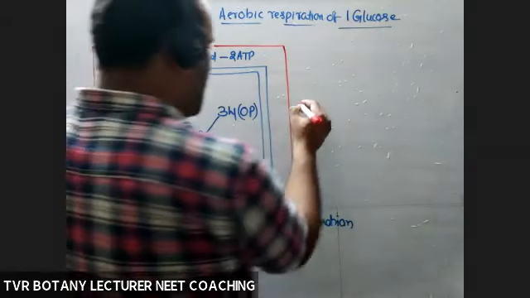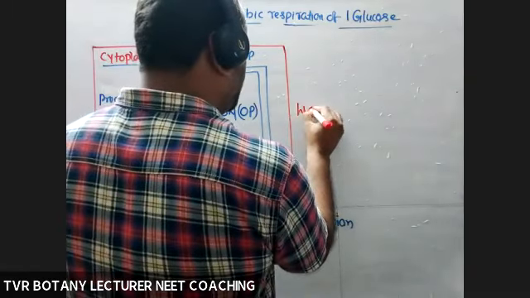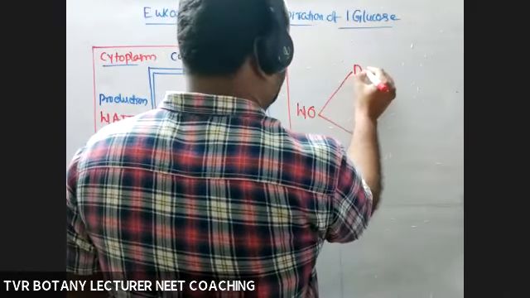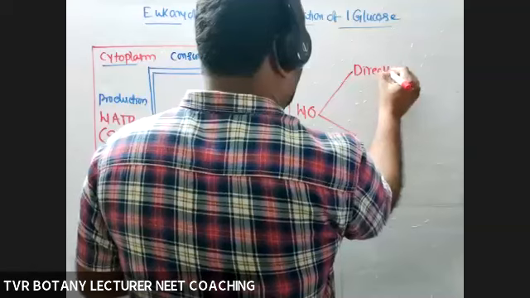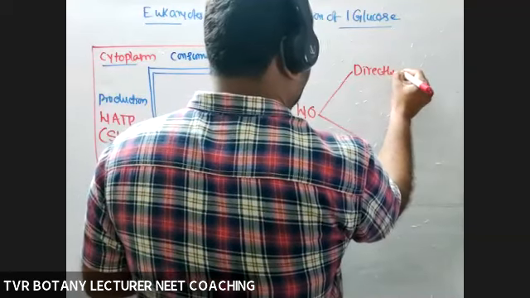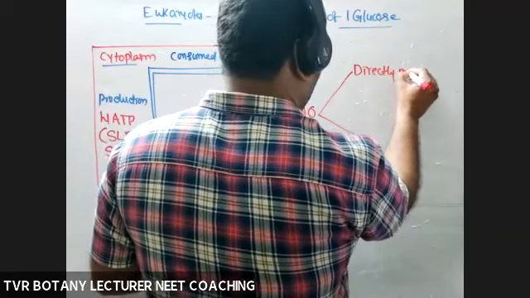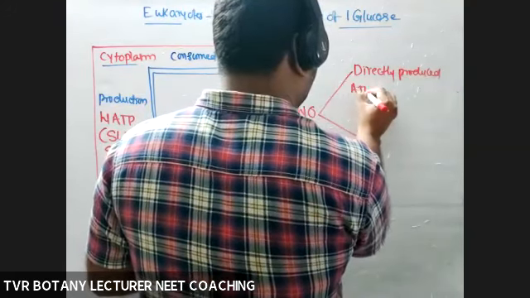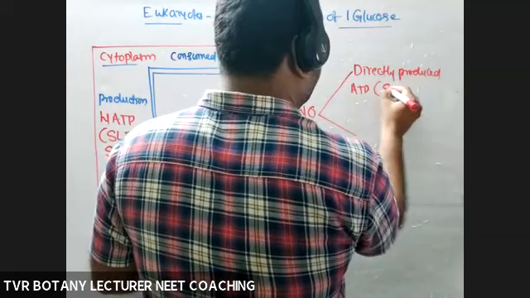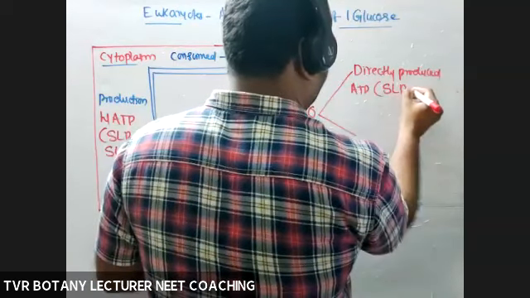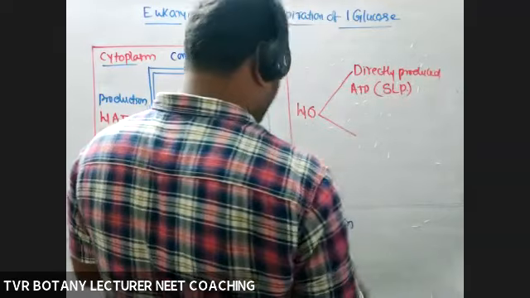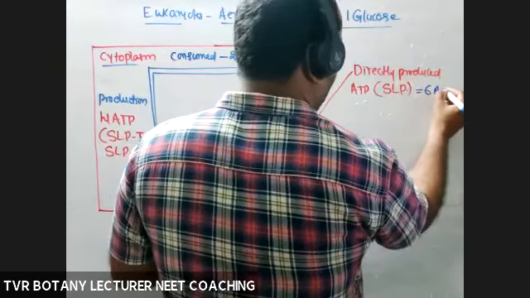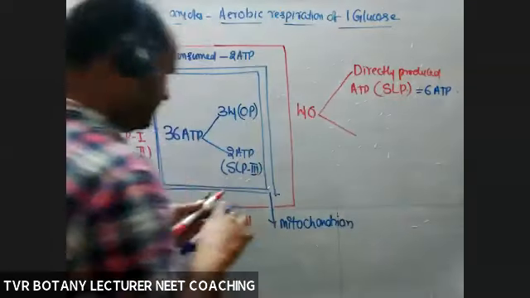And one more thing, out of 40 ATP molecules, how many are directly produced? Directly produced ATP means by means of SLP, substrate level phosphorylation. How many? 6 molecules of ATP.